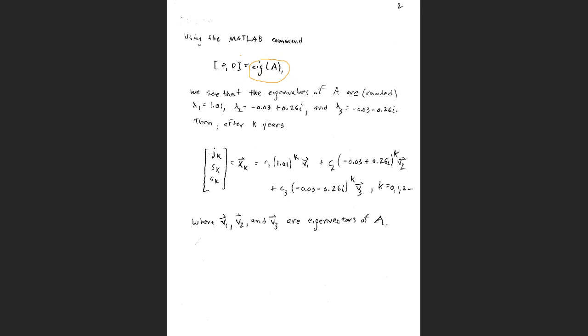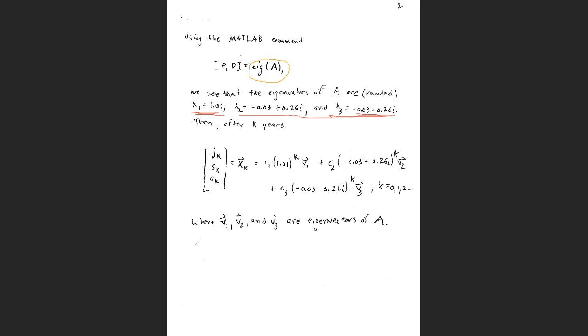You could have very ugly fractions, so it's better just to use eig of A. And in this problem, it turns out that we have one real eigenvalue, lambda 1 equals 1.01, and then we have complex conjugate eigenvalues. Interesting, right? One real eigenvalue and complex conjugate eigenvalues.